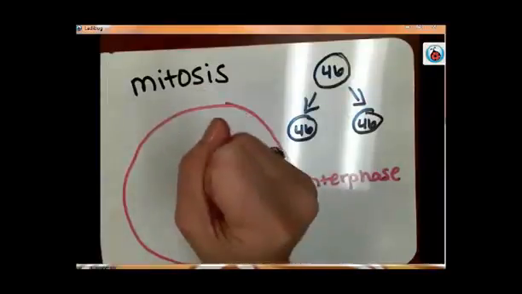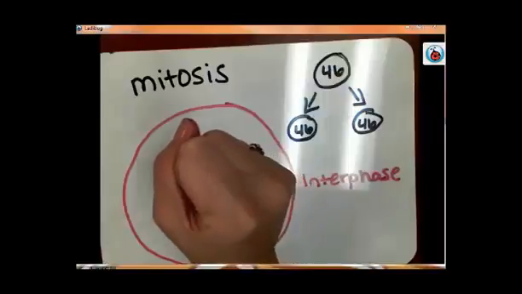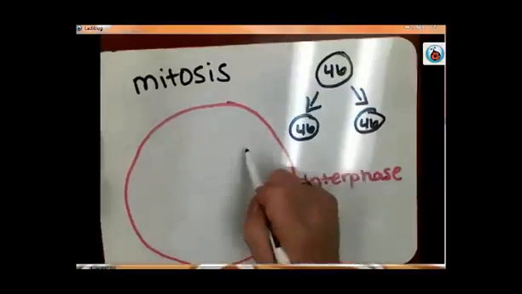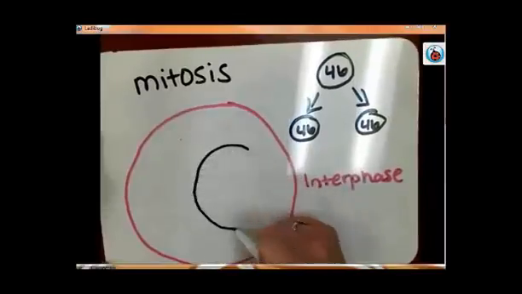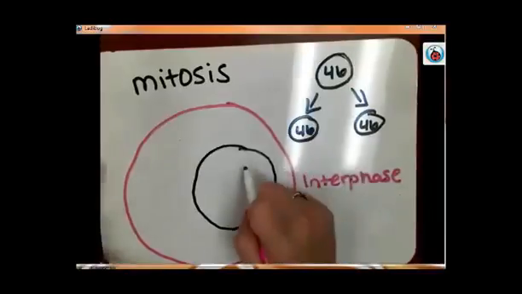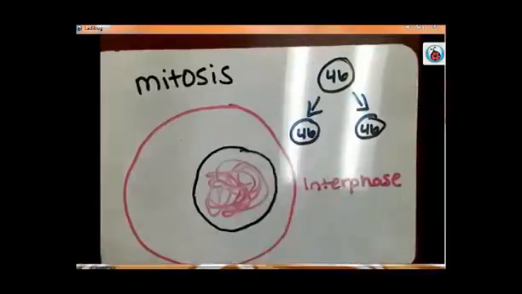And when they're not tightly wound together, they're in a form called chromatin. So let's go ahead and make sure we draw the nucleus. And in interphase, so I call this our spaghetti DNA.